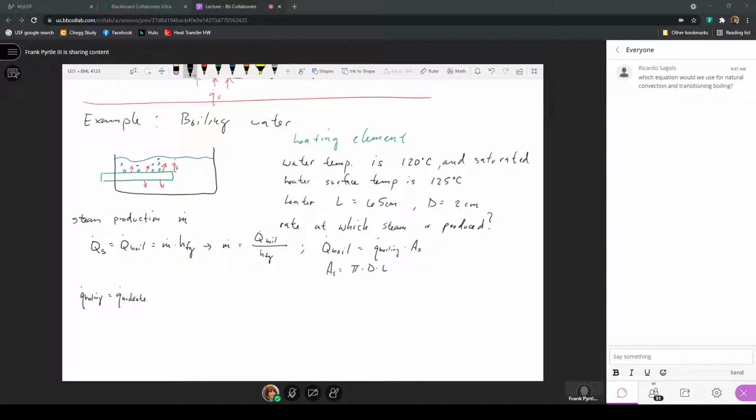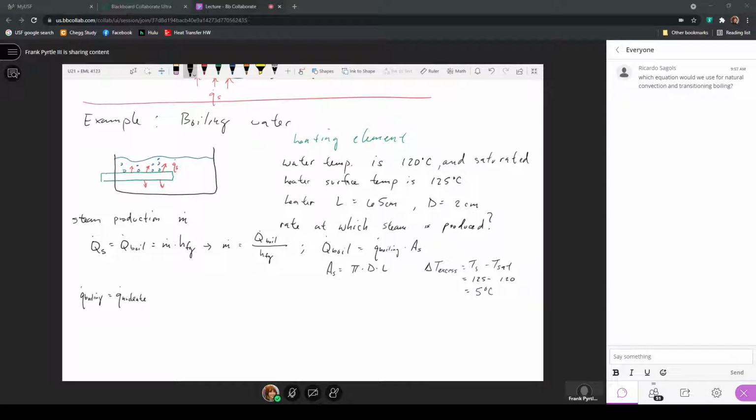Since we only have a 5-degree temperature difference, our excess temperature is just the surface temperature minus the saturation temperature here, which is 125 degrees minus the saturation temperature of 120 degrees.